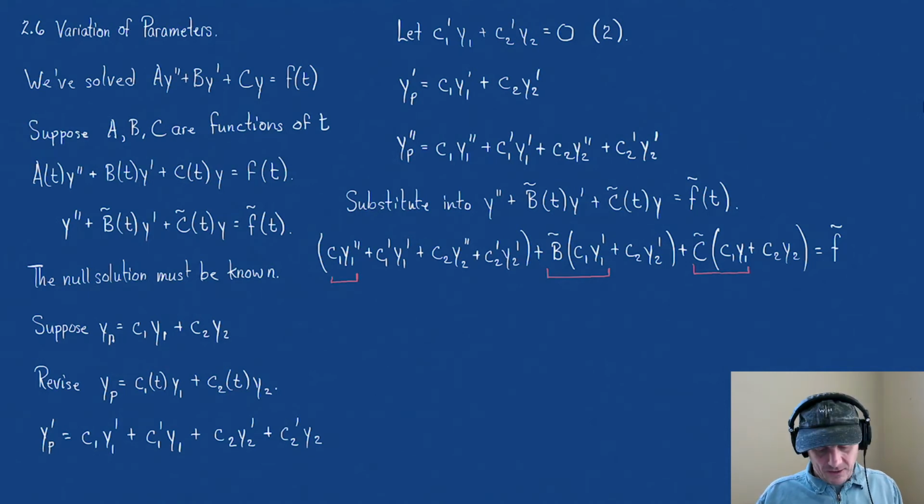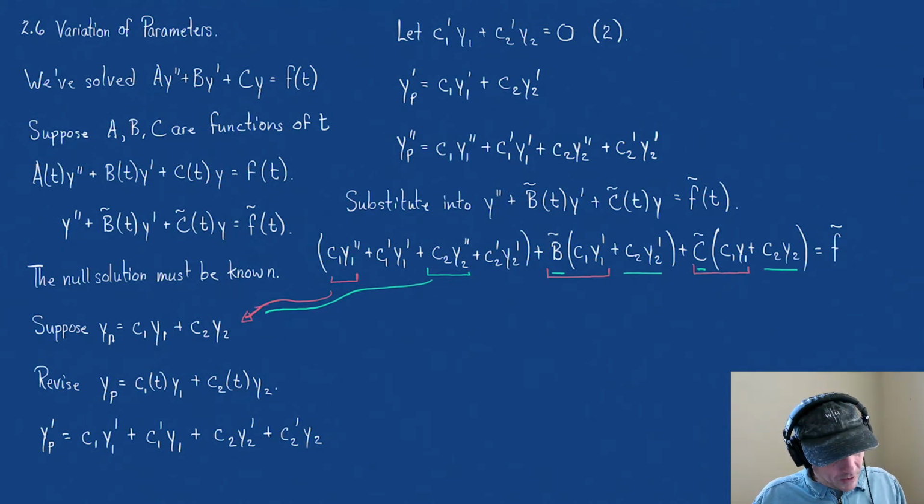That is what this solves. That's 0. And if you have a blue pen, well, then you'd see that you have a c2 y2 double prime plus you have a b times c2 y2 prime plus you have a c times c2 y2. Well, those also solve.